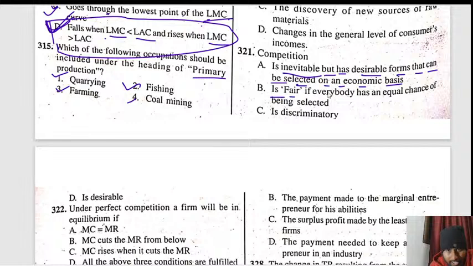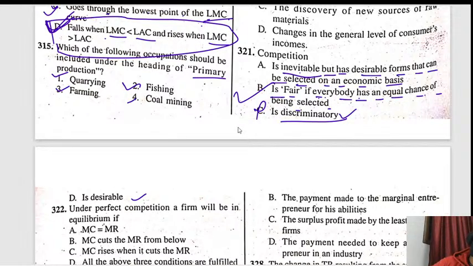Competition is fair if everybody has an equal chance of being selected. It is discriminatory, it is desirable. So perfect competition is not discriminatory, it is fair if everyone has an equal chance of being selected. Good. So 321, the correct option is B. Moving on to question number 322.